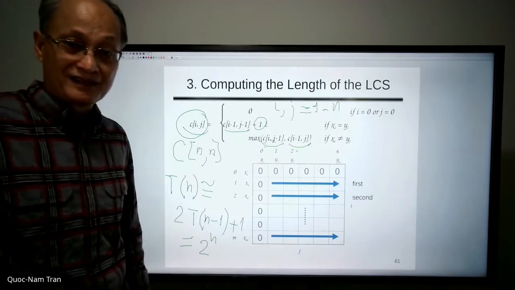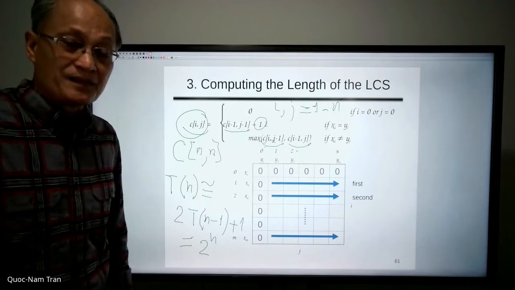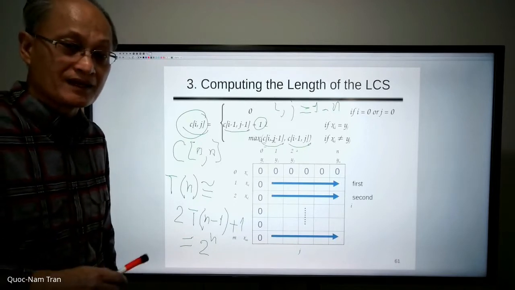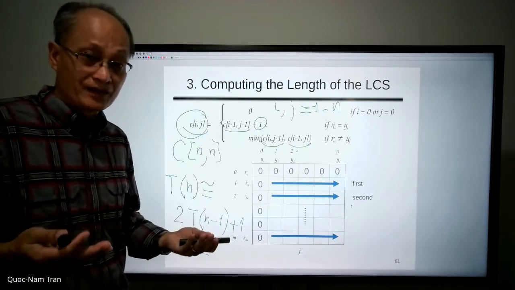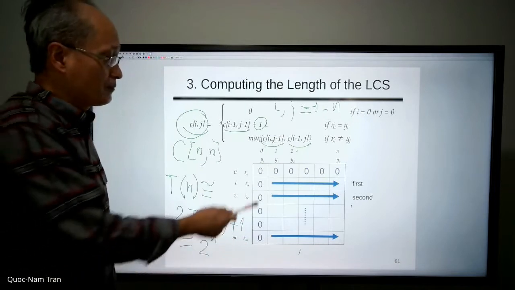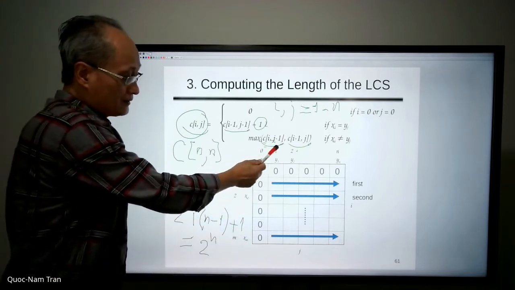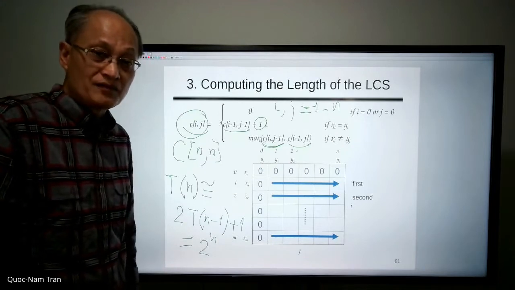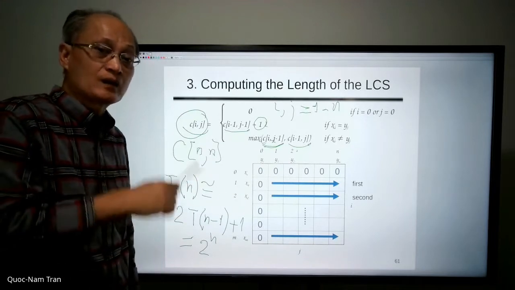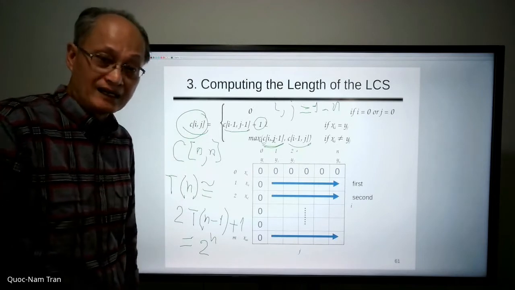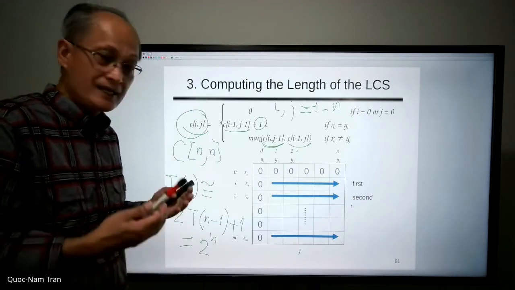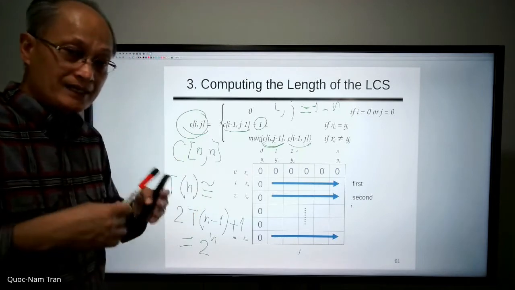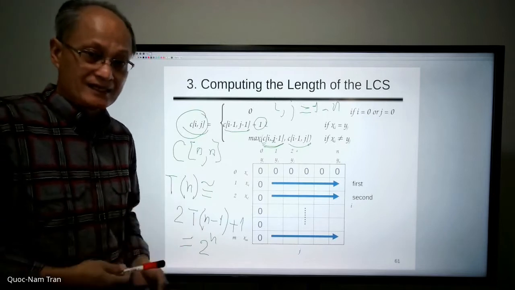Not better, right? So the problem is, as we all know, that when we have the recursive algorithm here, some values will be recalculated again and again, right? So that's why dynamic programming comes in handy.